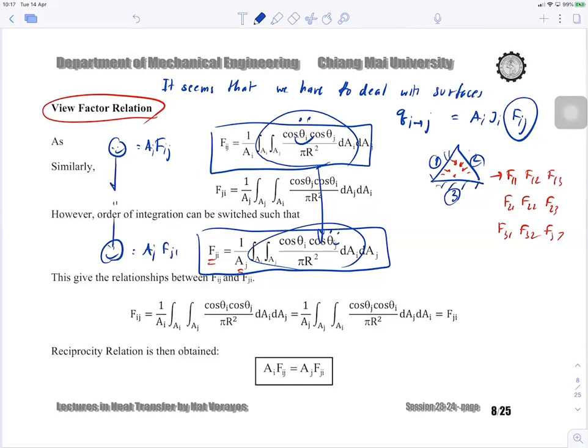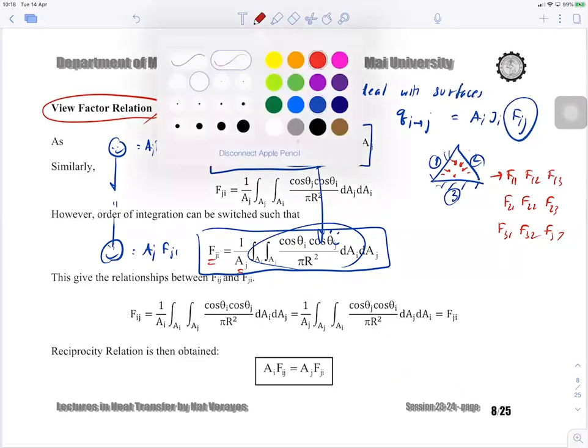So these are equal. So I make the conclusion that Ai Fij is going to be equal to Aj Fji. Right? So we call this the reciprocity relation. Okay?